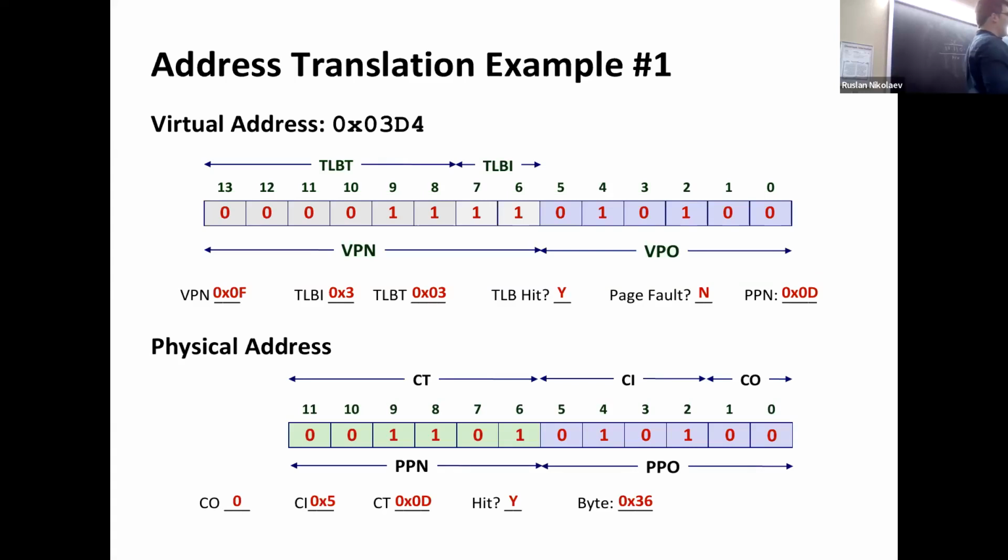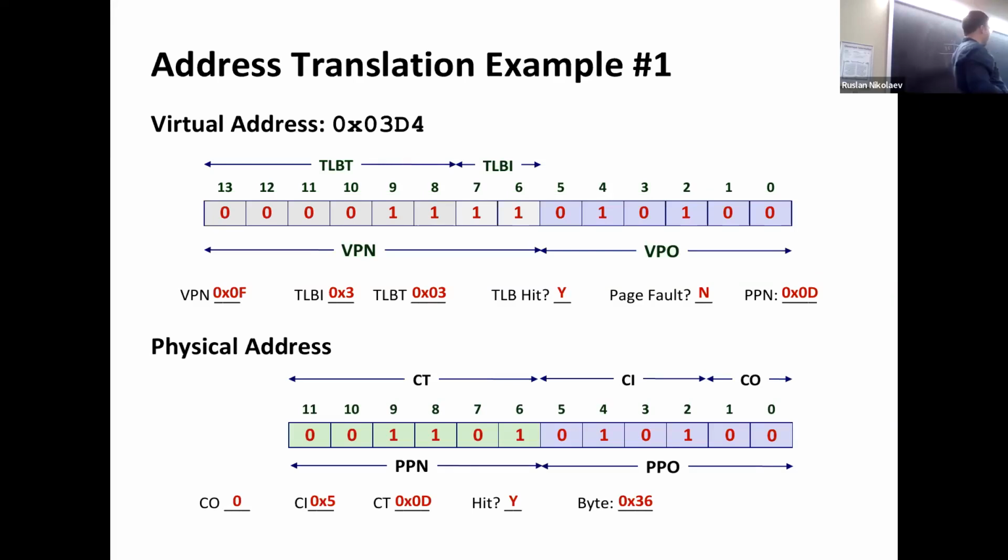So cache is typically smaller. And then within this page, we will split out the cache index. We will use these 4 bits, and because it's 4-byte entries, we don't care about the last 2 bits. So this is the offset within the corresponding cache entry. So we have 4 bits here.